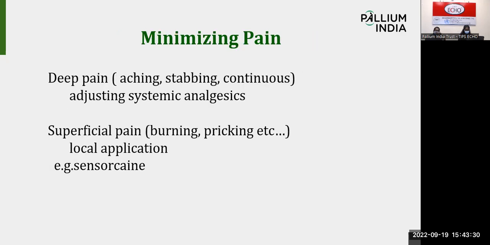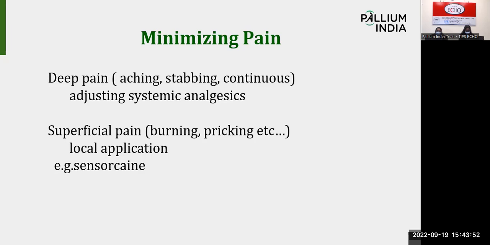Coming to pain management, if they have pain, I was talking about two different types of pain, nociceptive pain and neuropathic pain. You might have learned about these in the pain session.